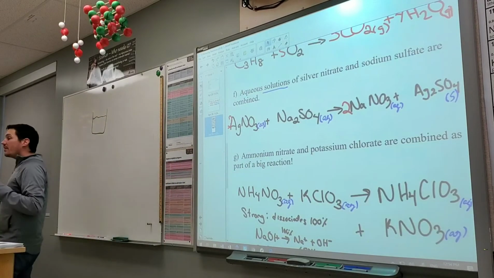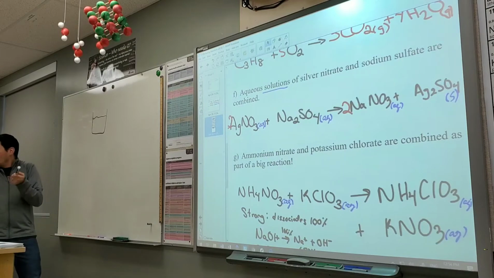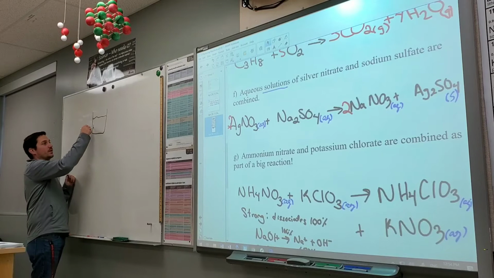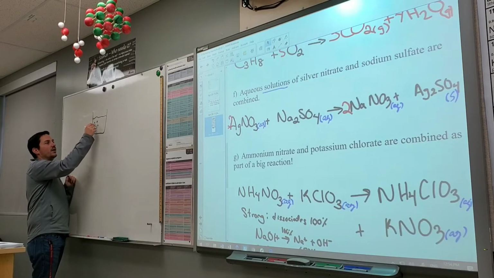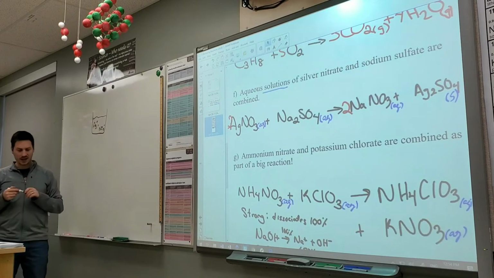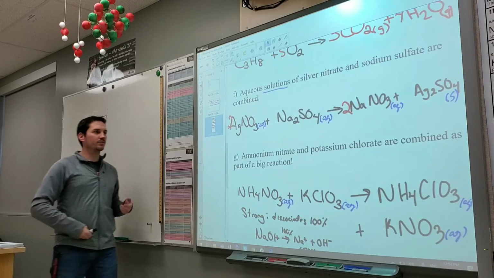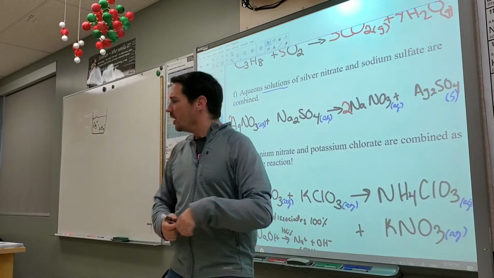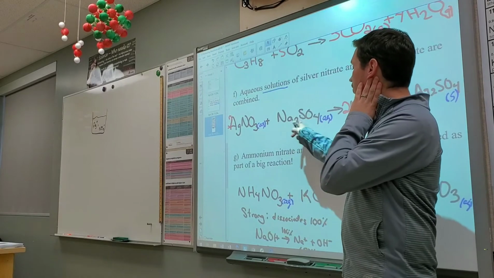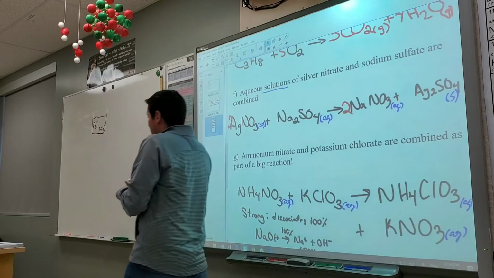So instead of having silver nitrate altogether, what's actually in this solution? Silver and nitrate. So we've got silver ions and we've got nitrate ions. Okay? So that's in beaker number 1, right? If we're in a lab, we've got that in beaker number 1. Then I look at beaker number 2, and we've got a solution of sodium sulfate. Okay, what's my next question that I'm going to ask you?